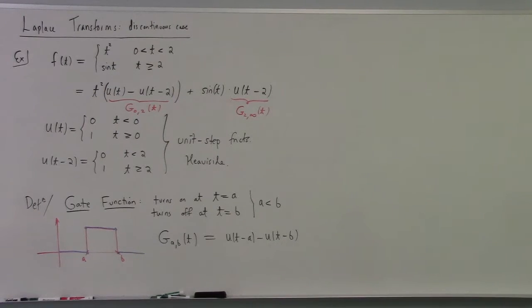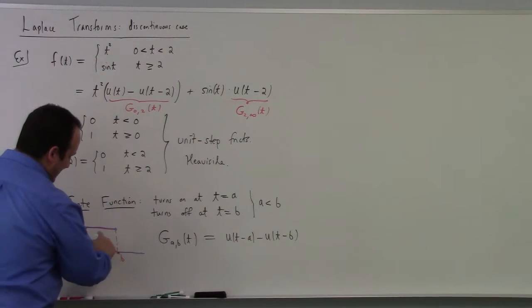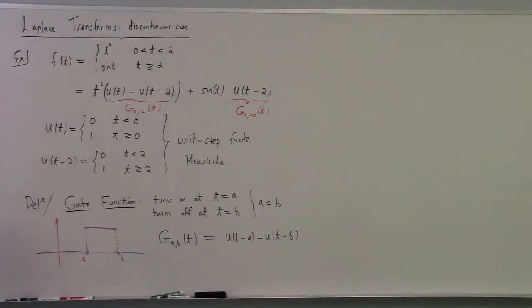I'm not really committing to what the value is at the discontinuity, okay? And these, of course, are not really in the graph, are they? That's just the gate function, not the f of t function, right? Yep, that's just the gate function.